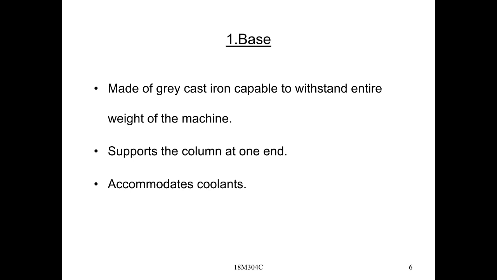Machining zone means the area where the workpiece and cutting tool are in contact. When both are in contact, material is cut from the workpiece. At the same time, heat will be developed.